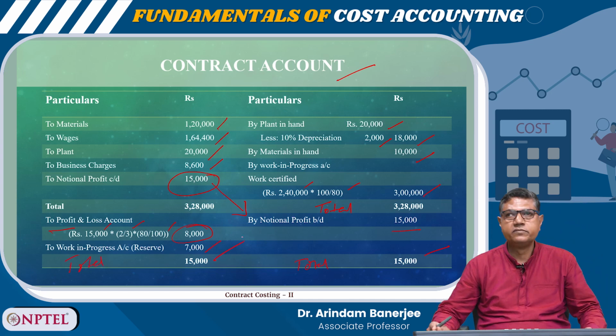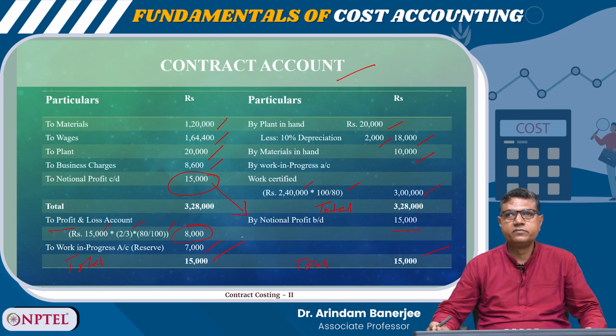Add provision for contingencies, which is given in the question: 12.5% of total expenditure. It comes to 30,000.